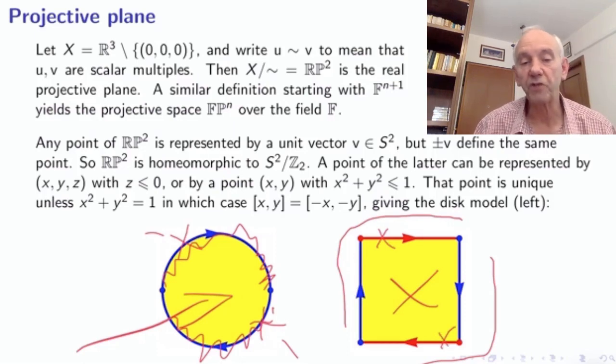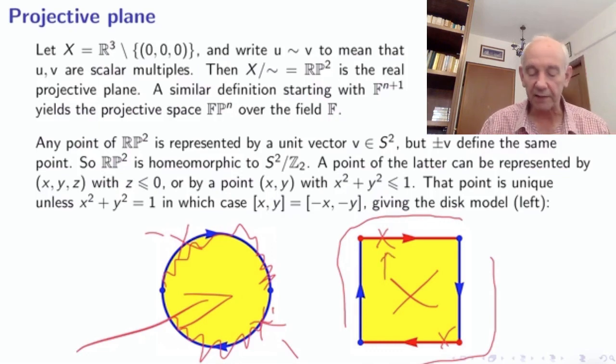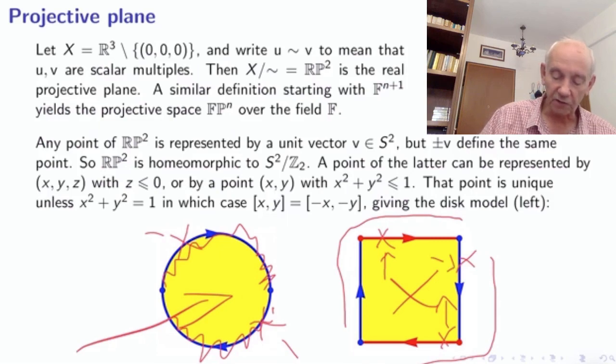So, think of yourself as an insect crawling around this topological space. You can crawl any way you like on the inside, but if you get near the boundary, think of it as a sort of playpen, you don't actually get stuck if you keep crawling upwards. All you do is come out here. Similarly, if you crawl towards this boundary here, in that direction, you'll find yourself coming out here.